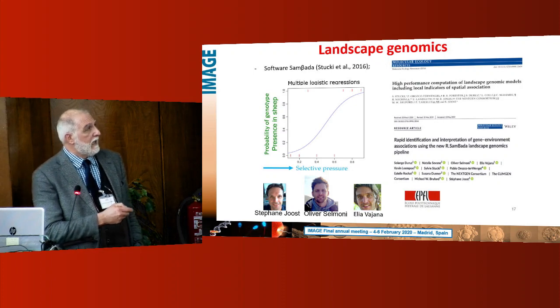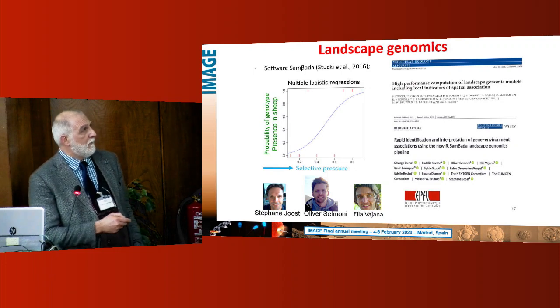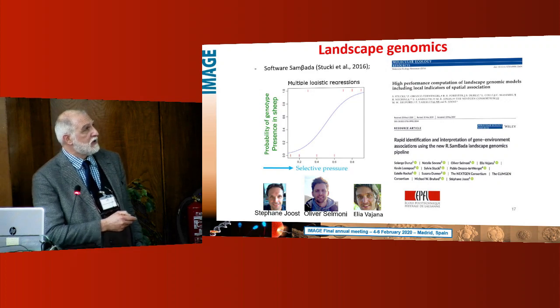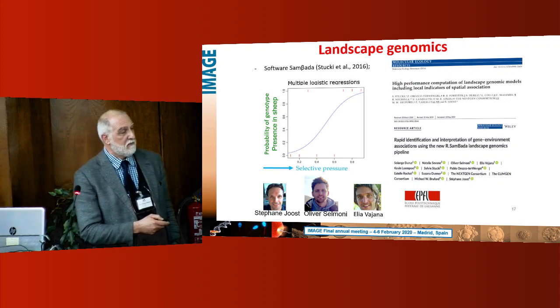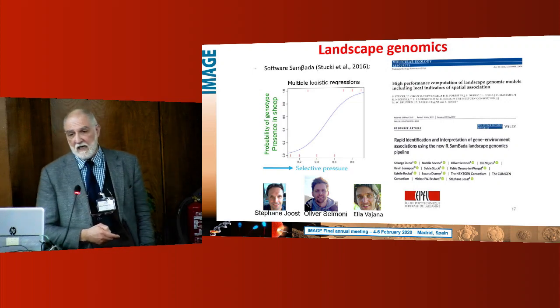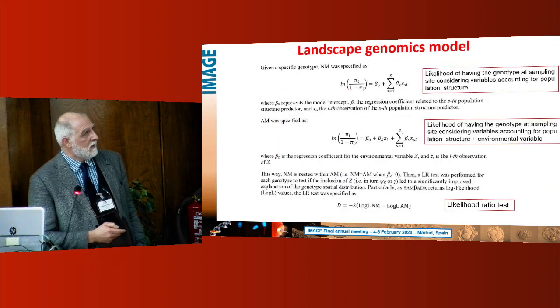Basically, landscape genomics is looking at the probability of the presence of a genotype in a certain area on the basis of selective pressure. This selective pressure, in this case, is the environmental variable.